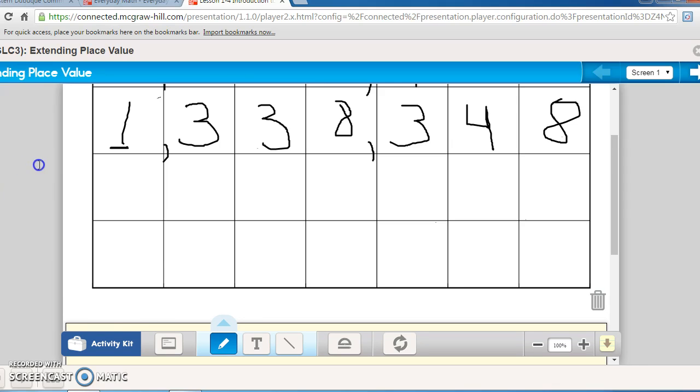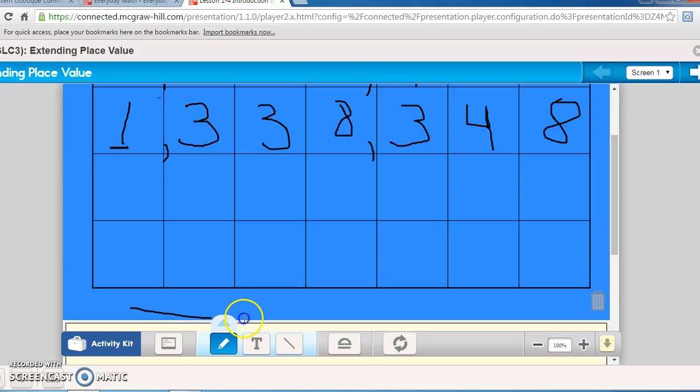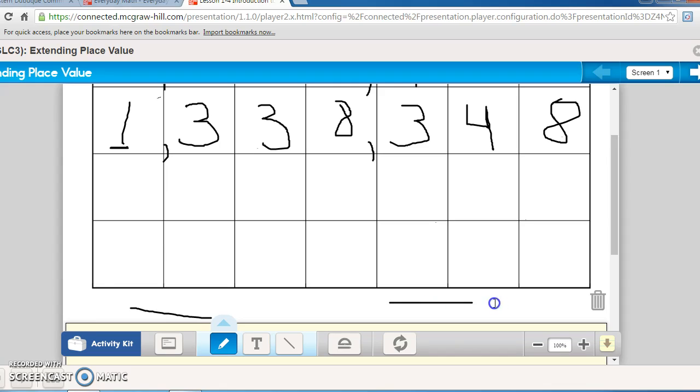Well, if this was on a number line, and I had 1 million here, and it's telling me to round the millions, that means that I go up by a million. So if this is 1 million, because that's a 1, I go up by a million. This end is 2 million.